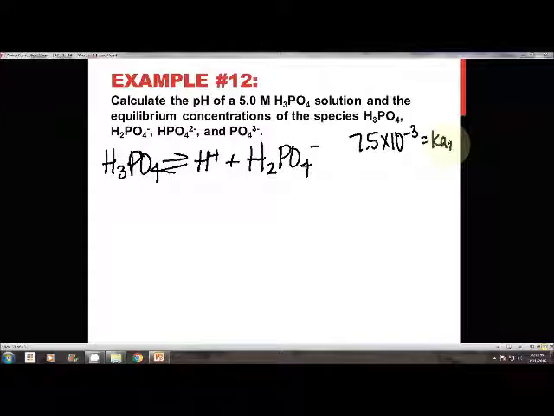So we initially start with 5 molar of our phosphoric acid and no ions.